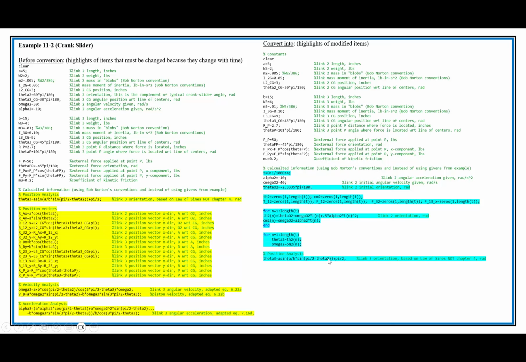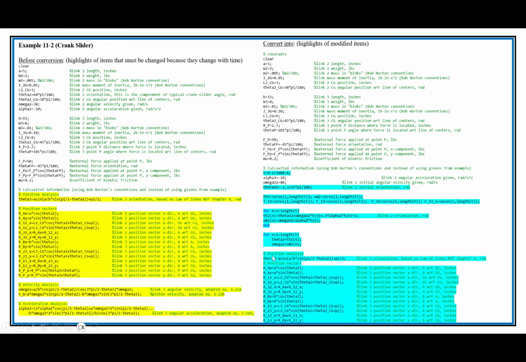I think that this is the law of sines being used as opposed to Norton. Yeah, it says based on law of sines instead of Norton. Omega 3. This is getting the position. Here's also the position vectors for each of these ends.